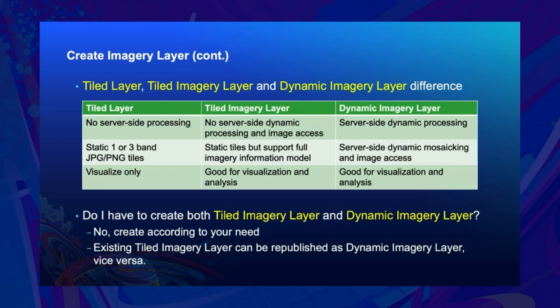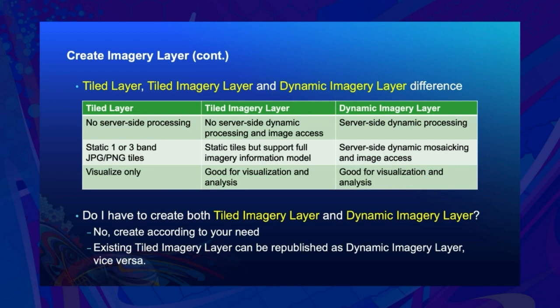But we provide a lightweight tile handler to respond to the client's rendering requests, similar to a tile layer. Although the tile imagery layer does not support server-side dynamic processing and image access, and it's also static tiles, the cloud raster format, this special type of format, is actually a fully functional image information model.